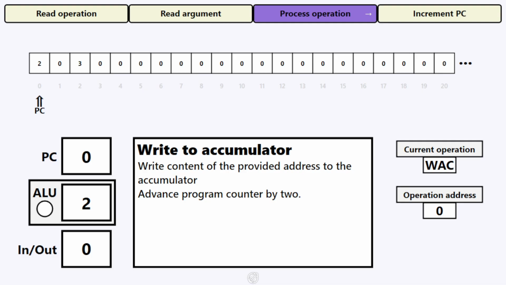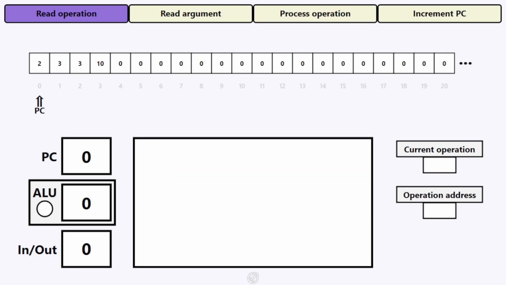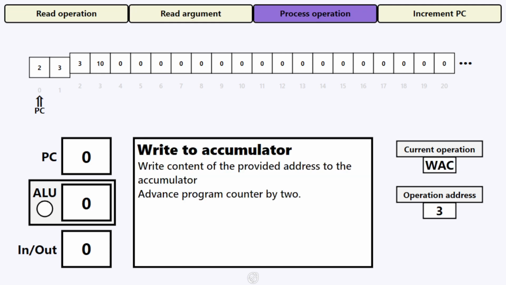No, that's actually not a good idea. Let's write to accumulator 3, and 3 will get 10. Right, let's load that program. So write to accumulator. We're gonna write a 10 into the accumulator.